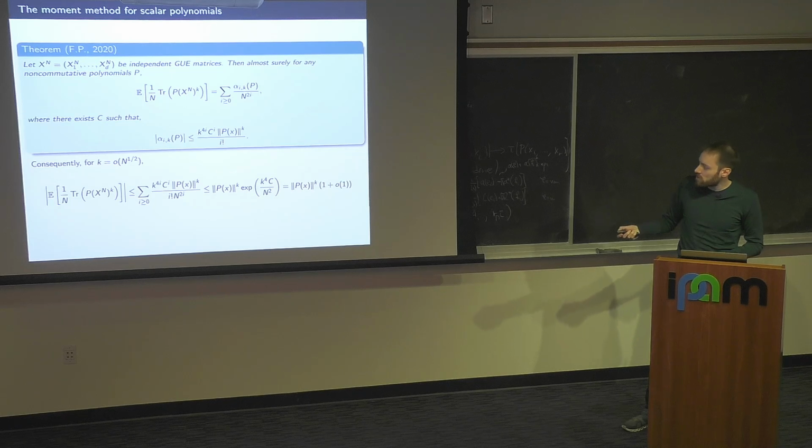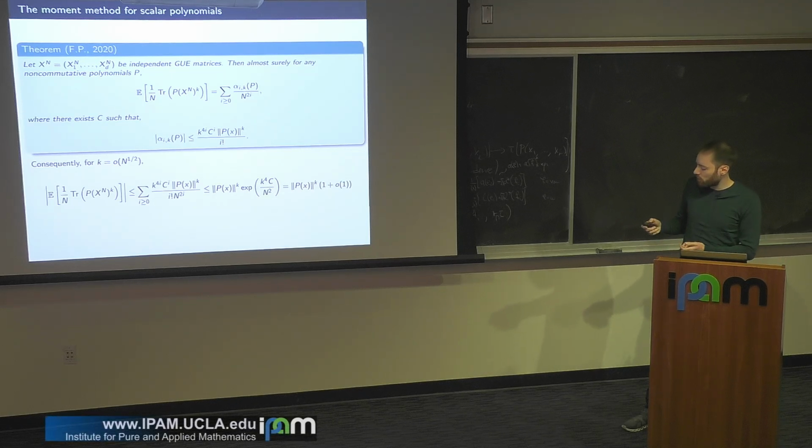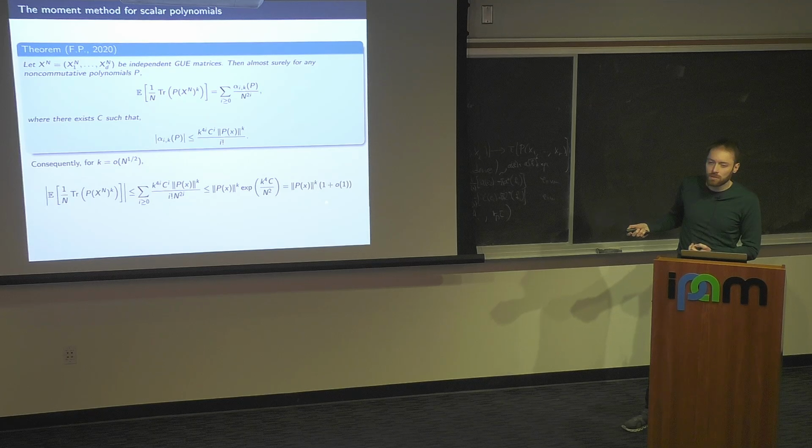And as a consequence, this exponential itself is just 1 plus a little o of 1. And so what you have done by doing so is showing that the moments of this P(X_n) are very well controlled by the norm of P(X) to the power k. And so basically you can just use the moment method with the constant c being equal to this norm of P(X).